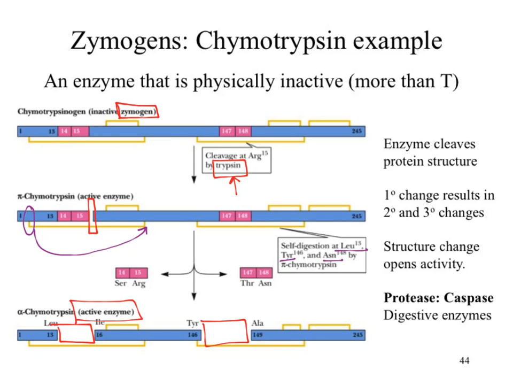If it goes through and cuts proteins at those positions, do we really want a ton of chymotrypsin floating around at any given instant? No, because it would go through and destroy all of our proteins. We only really want chymotrypsin active in case, maybe, we're running out of protein and we need some to build other stuff.